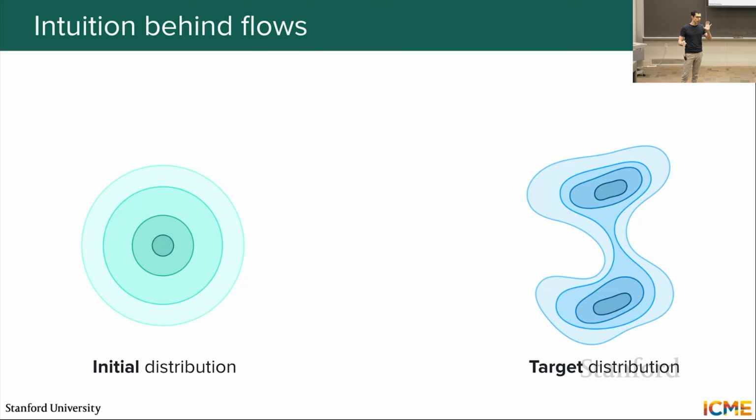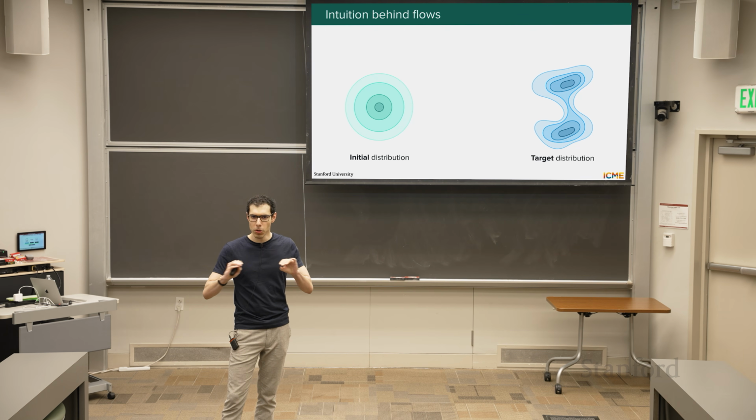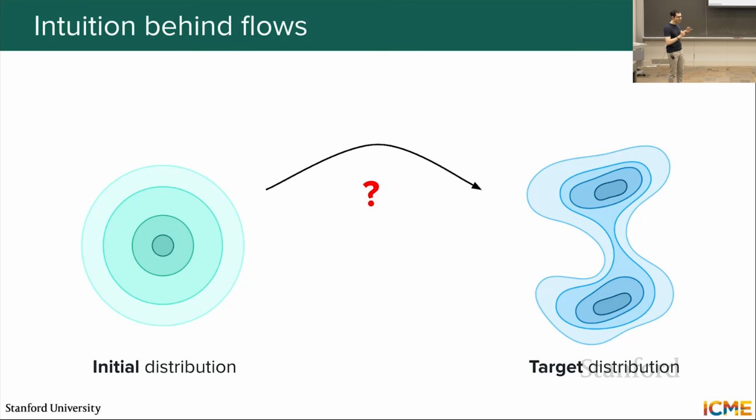The first one is called the initial distribution, which is the distribution that you're starting from. And then the second distribution is called the target distribution, and it is the distribution that you want to end up with.